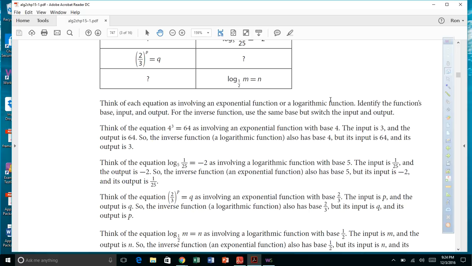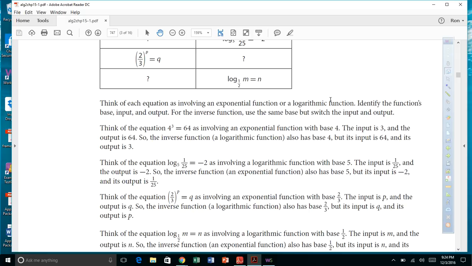Think of the equation log base 5 of 1/25 equals -2 as involving a logarithmic function with a base of 5. The input is 1/25 and the output is -2.